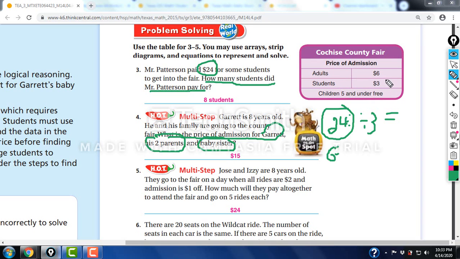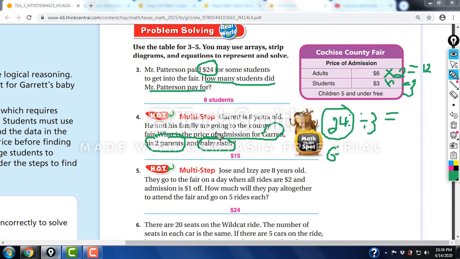Is one person, so 3 times 1. So for Garrett, it costs $3. Well, that's one number here. And his 2 parents, how much per adult? $6. How many parents? Well, he has 2. 2 times 6 is 12.